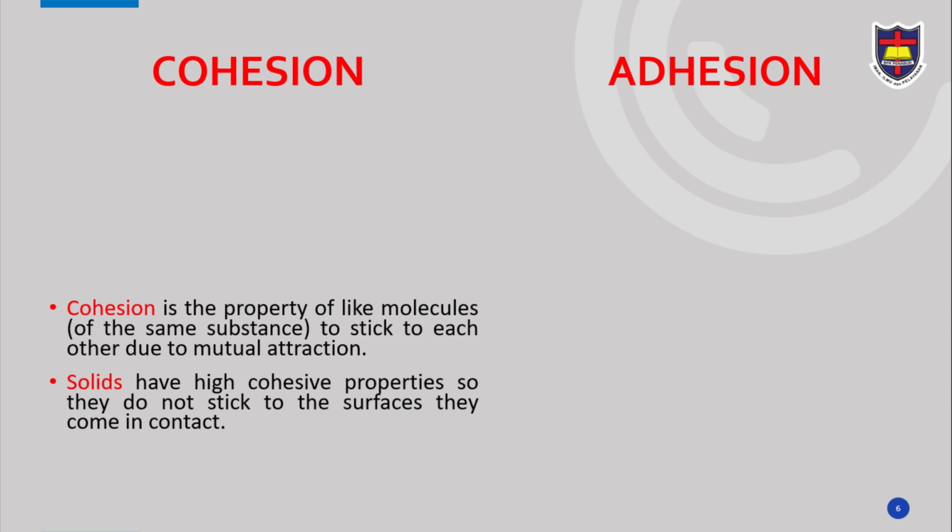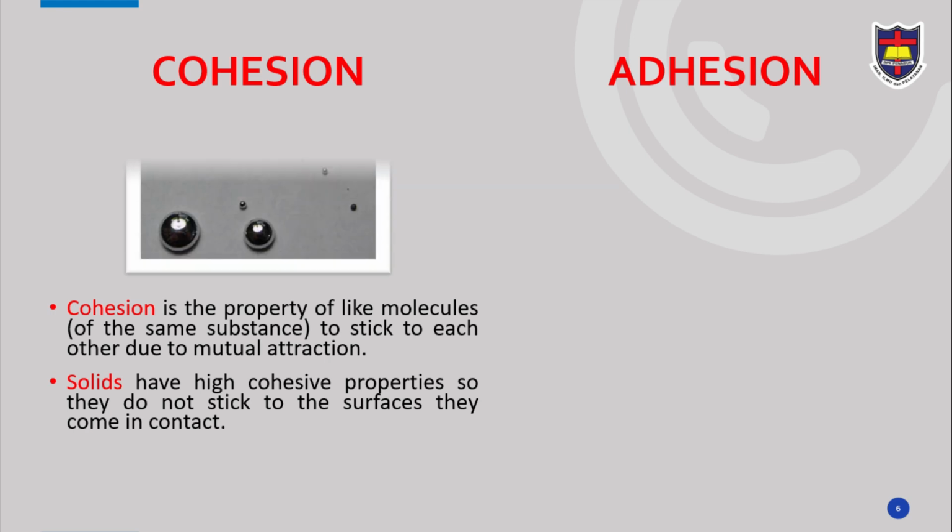And among solid, liquid, and gas, the cohesion property in the case of solids is high, as a result of which they do not stick to the surface they are in contact with. For example, here are the droplets of mercury.